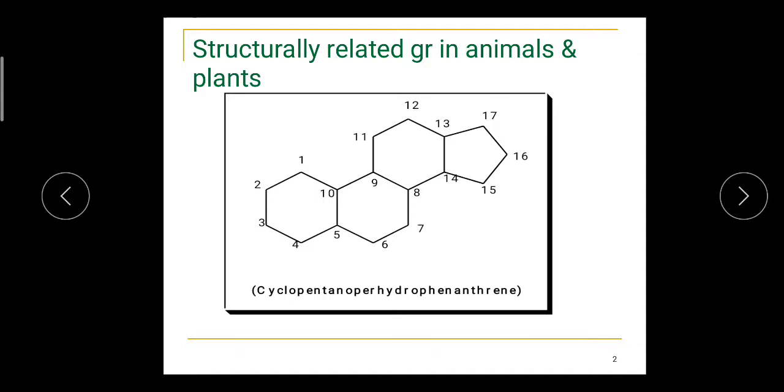We can call them A, B, C, D. This is A, this is B, this ring is C, and this ring is D. These rings A, B, C form the phenanthrene nucleus, and it is a saturated nucleus, so it is called perhydrophenanthrene.